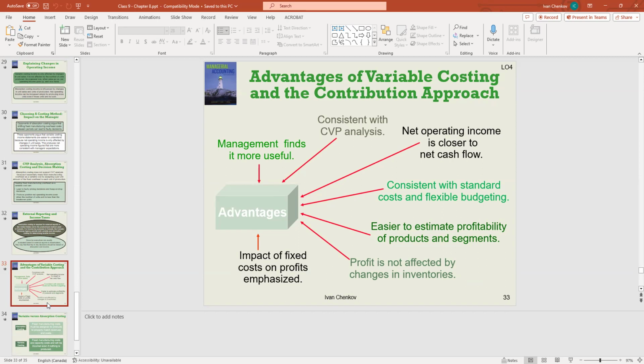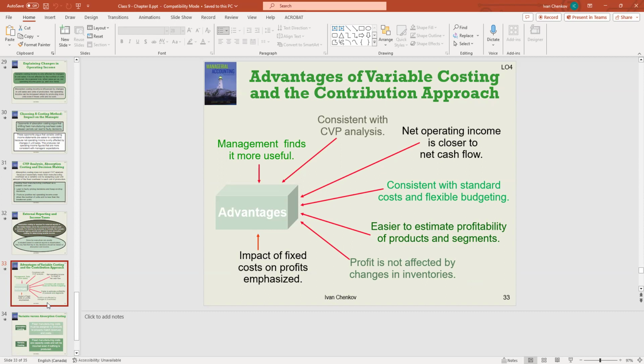You should use it knowing that with the absorption, by simply increasing the inventory, you're affecting the net income. You're making it higher. You should know that effect. And if you want to lower the income, just get rid of your inventory. Those are tricks. And the last thing is the impact of the fixed cost on the profit, which is emphasized here.